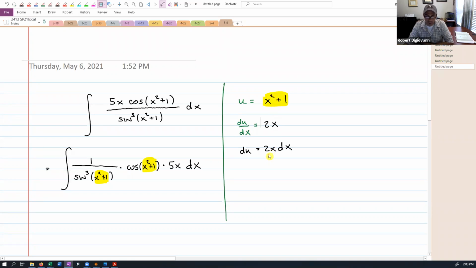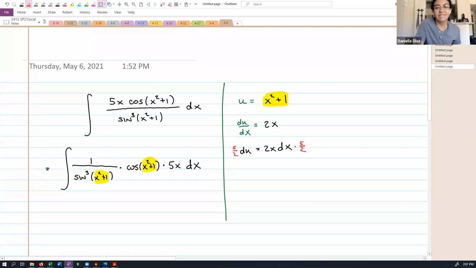Now, here we have 2x dx, but here we have 5x dx, don't we? Is there any way that you can make this in front here a 5 instead of a 2? You can do whatever you want to both sides of this equation. How about I hit it with 5 halves on both sides?